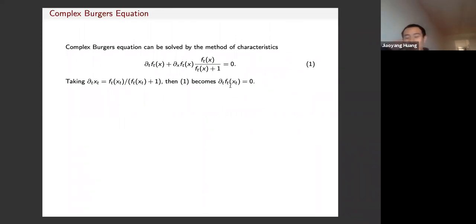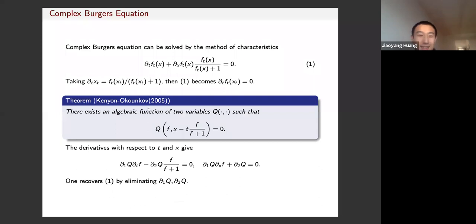So if you know f_0, you can use this to solve for f_t. But the only problem here is, if you define the characteristics this way, because f takes complex values, the characteristics will go to the complex plane. So you need to extend the complex slope to the complex plane.